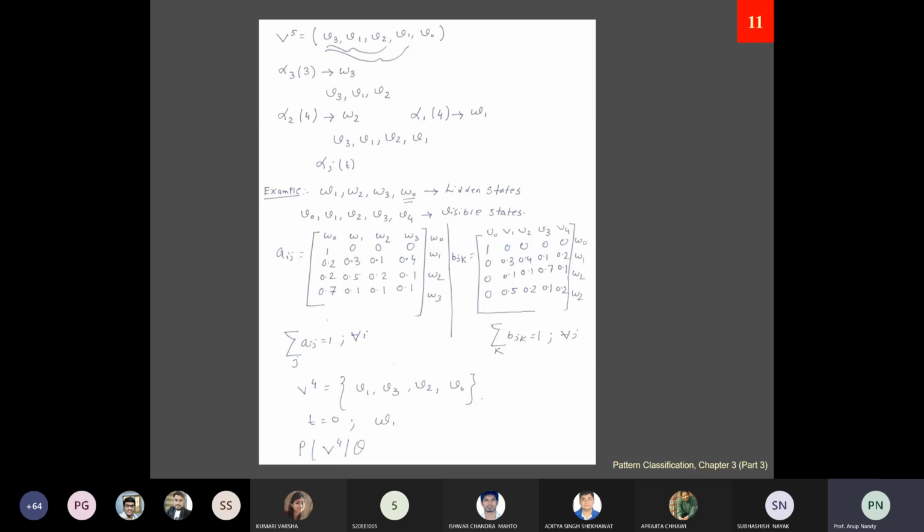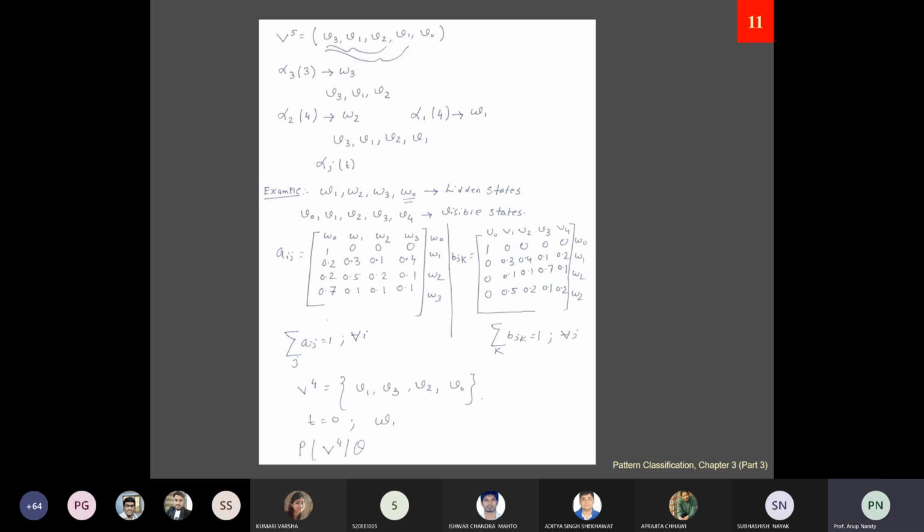So what does it mean? Whenever I write V3, it means what observation sequence W3 is going to generate. The bracket with 3 means that 3 observation sequences will be generated.